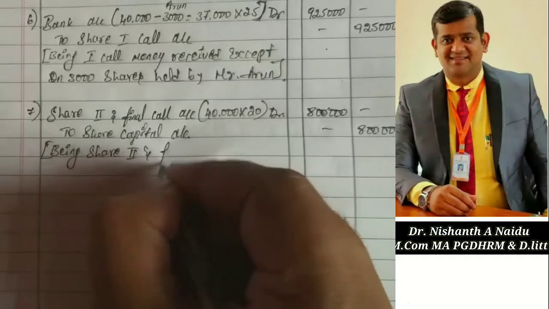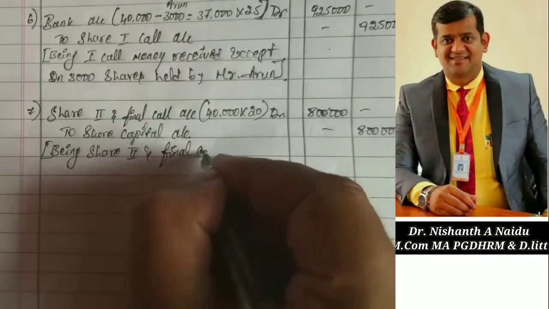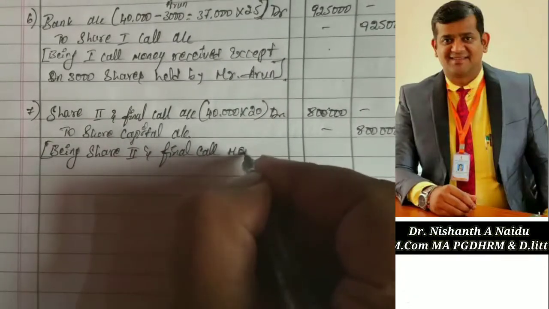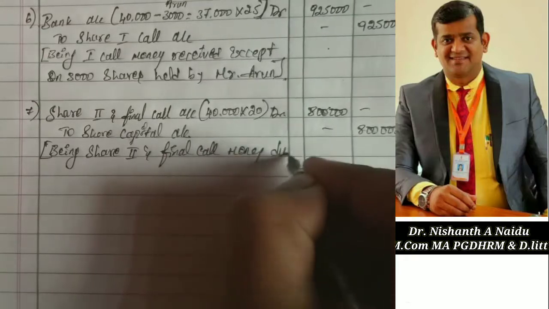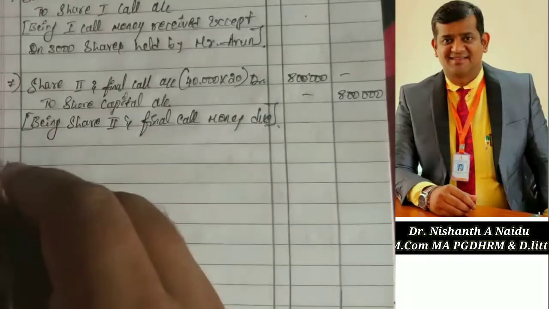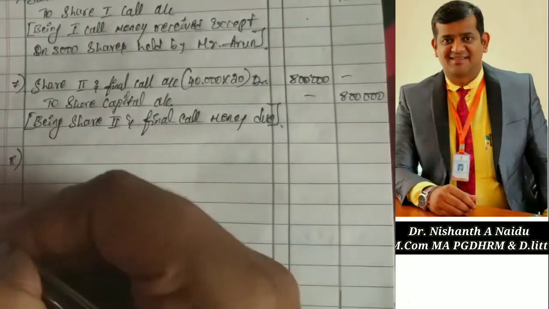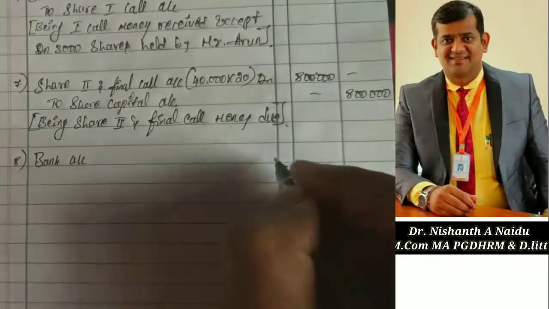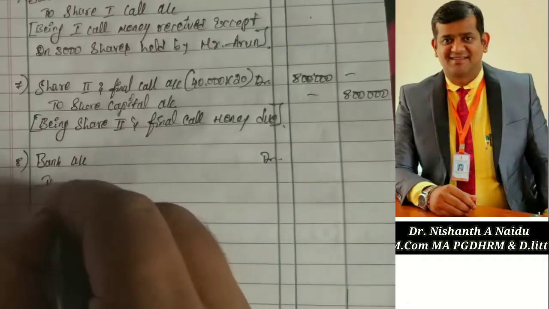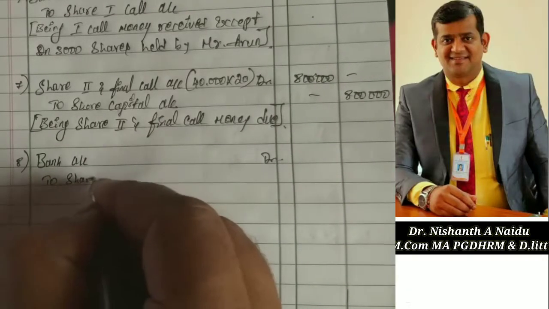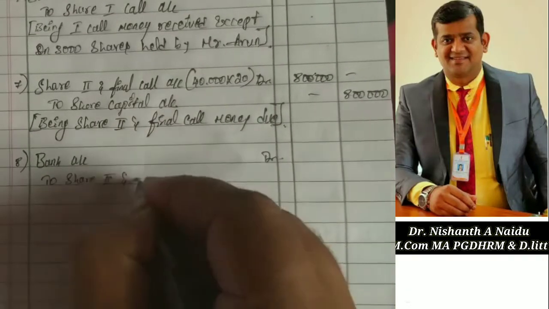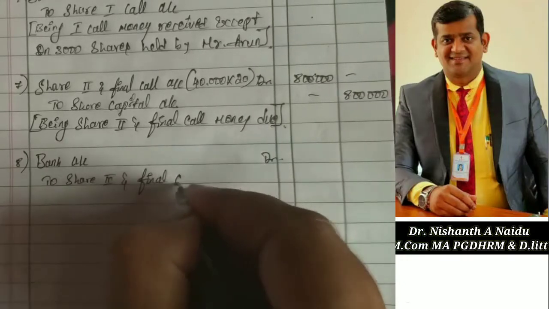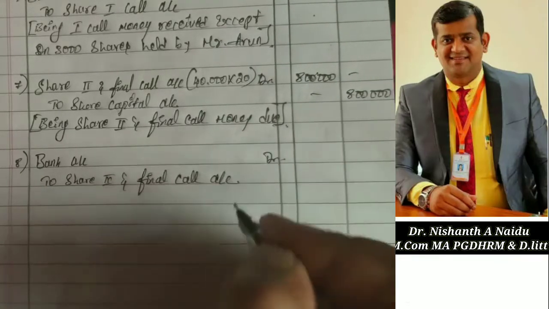Okay, so eighth entry is a receive entry. So that is bank account debtor to share second and final call account.